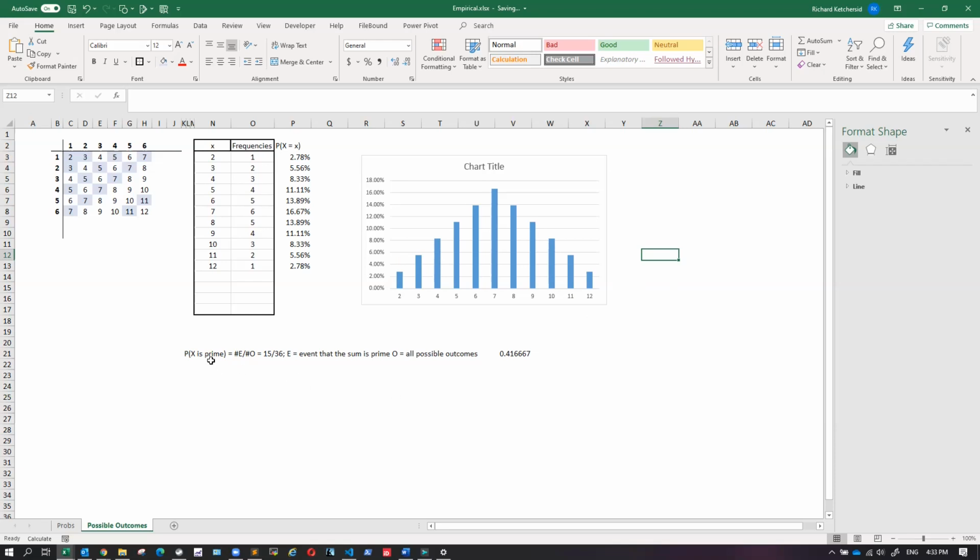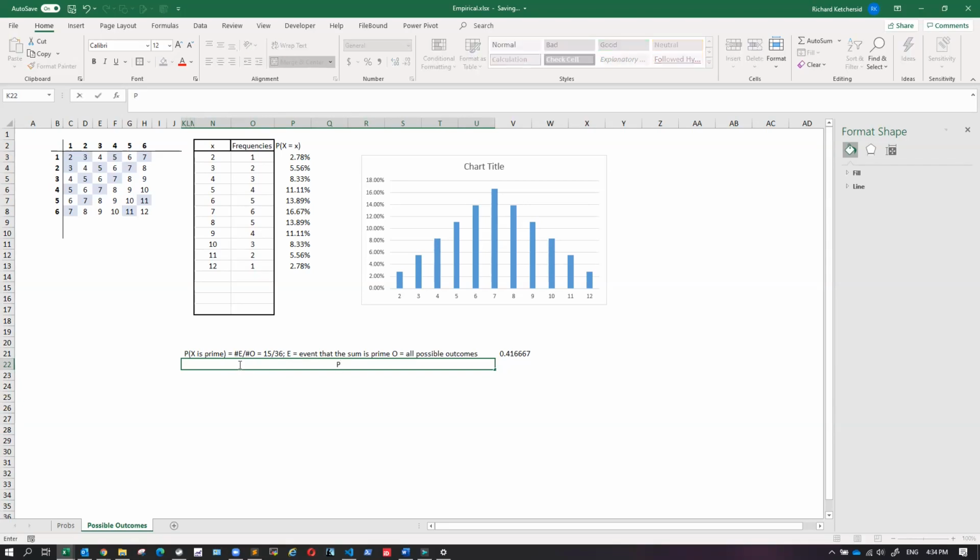Okay, so here would be an alternate way of doing the same thing we did a moment ago, where we literally counted the number of things in our event and the total number of outcomes and divided. So I could say, well, the probability that X is prime equals the probability that X equals 2, because that's a prime.